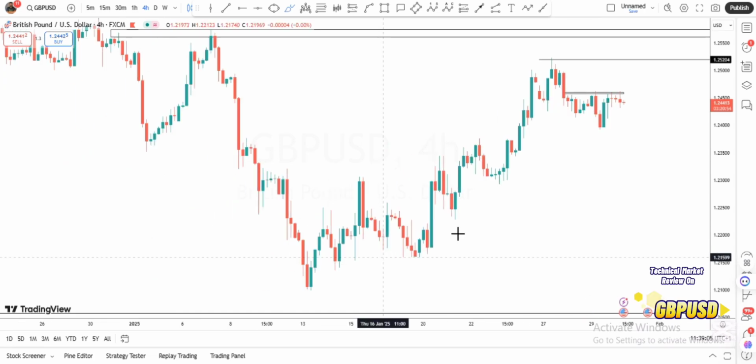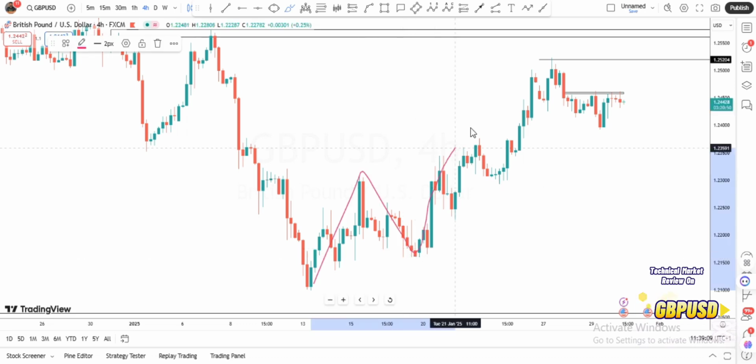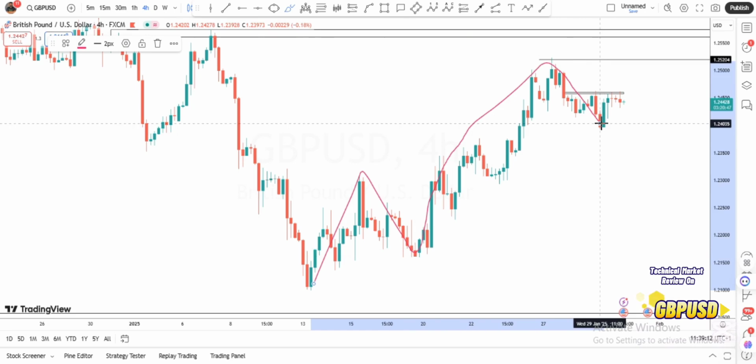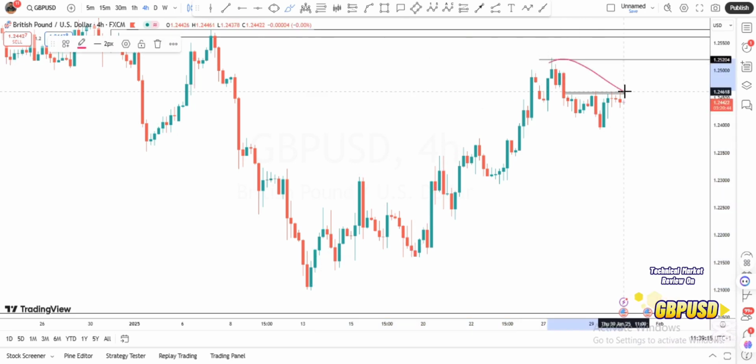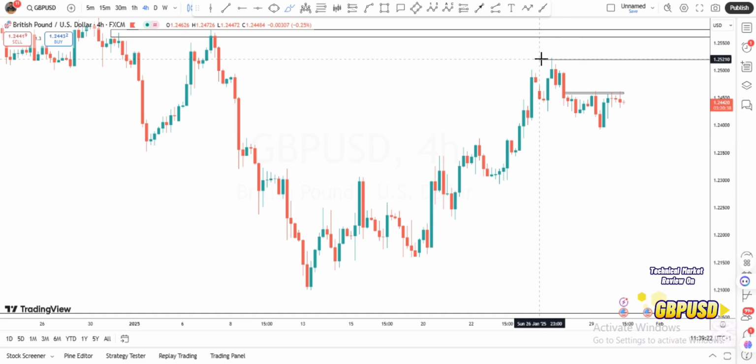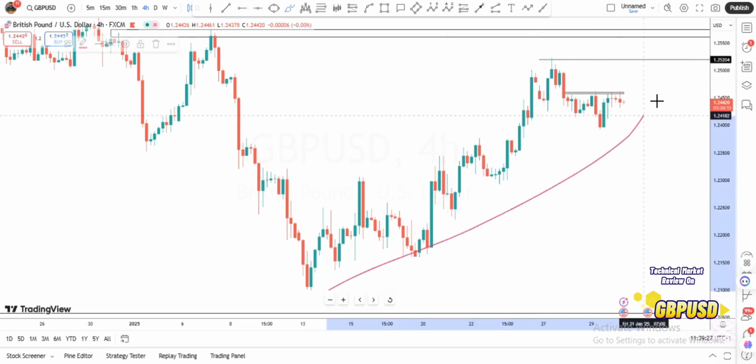So basically right here we have our impulse, we have a correction, we have this as an impulse, and this is the next correction. Right now this correction is what is active at the moment, and we don't want to go against the trend, because the old trend is giving us an upward direction, and as I get to the lower time frame, I don't want to be going against the trend.